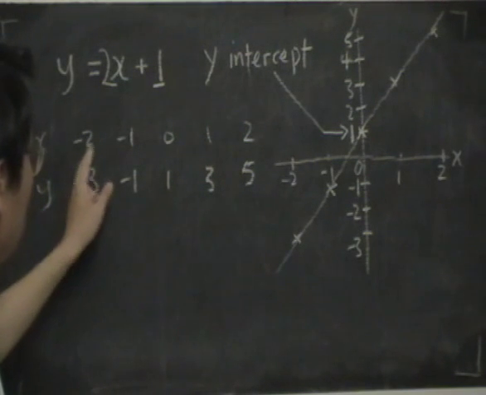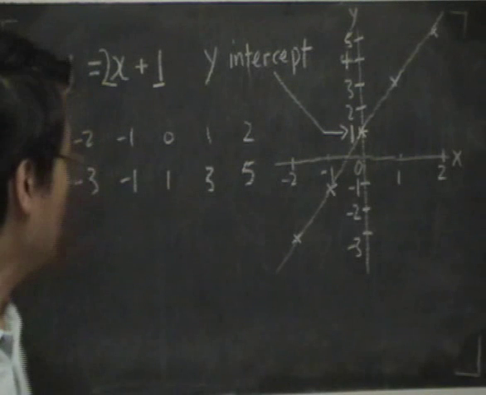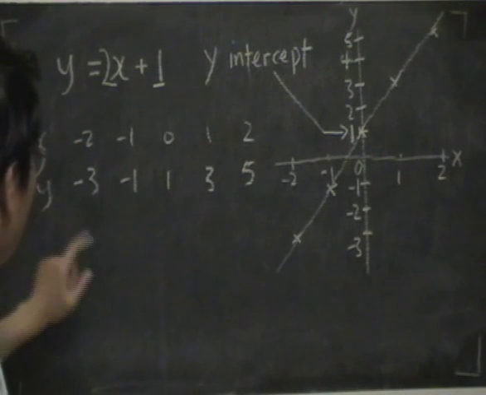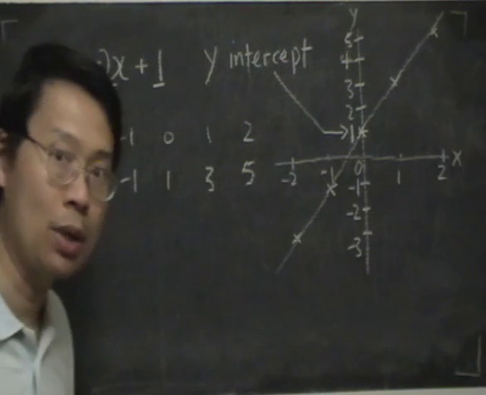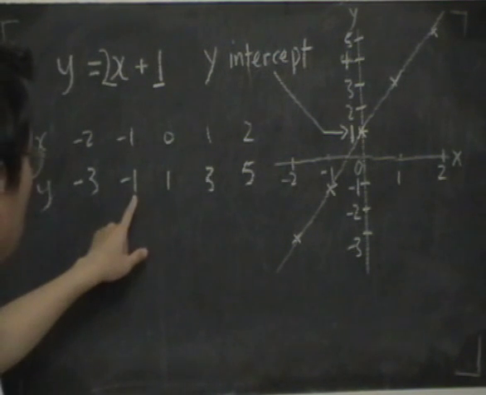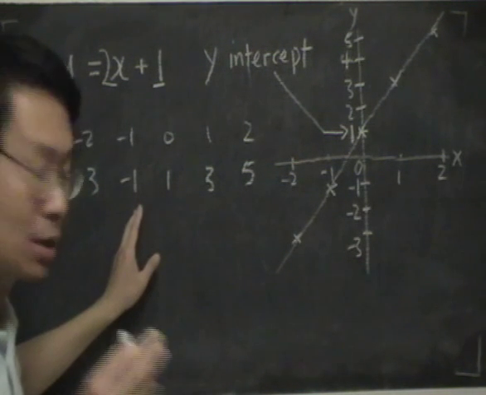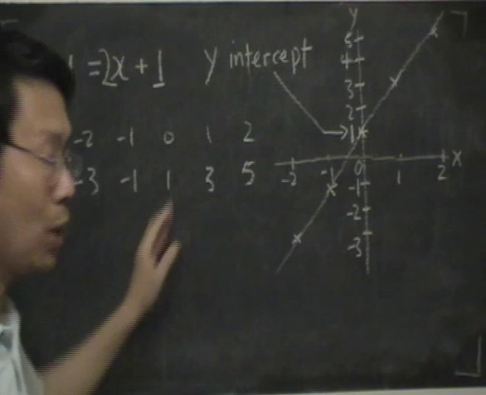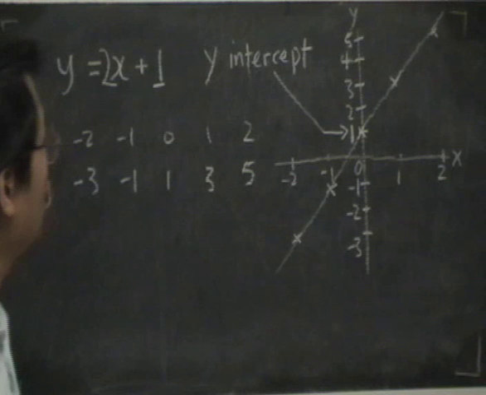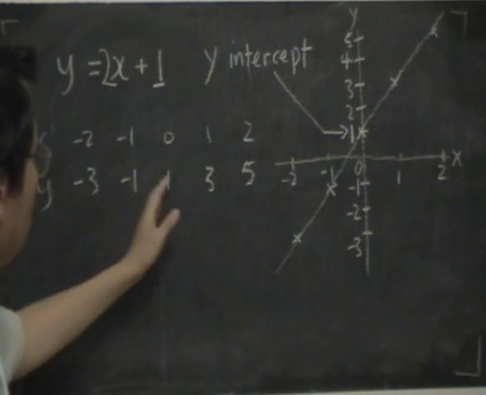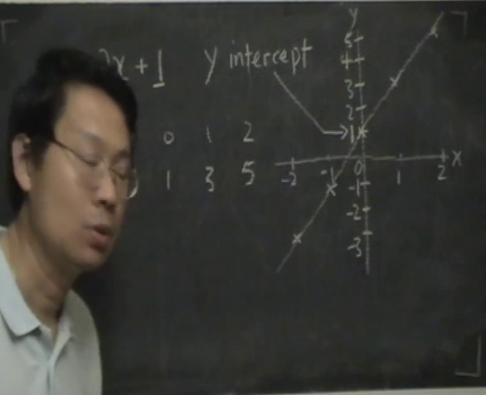So when you go from -2 to -1 to 0 to 1 to 2, each time it increases by 1. Now, if you look at the number for y, it doesn't increase by 1, it increases by 2. So it increases by 2 from -3 to -1, that's 2. -1 to 1 goes up by 2. 1 to 3 goes up by 2, and so on. So this increase is related to that number 2.